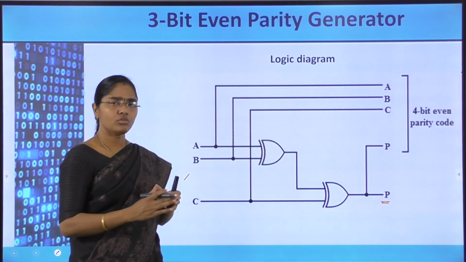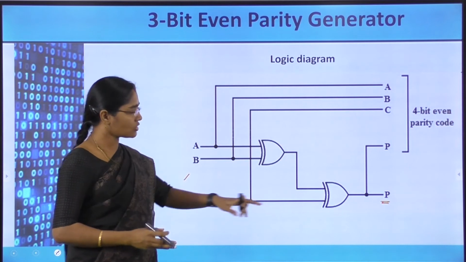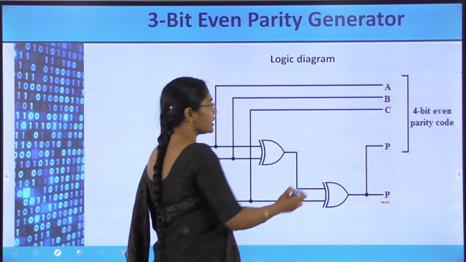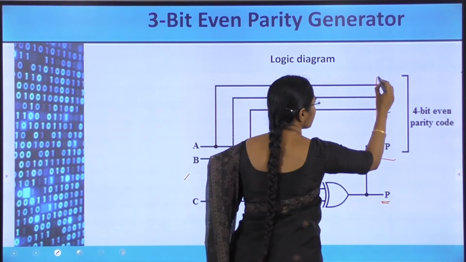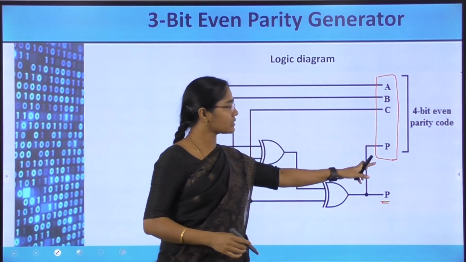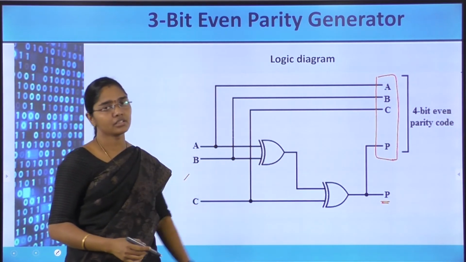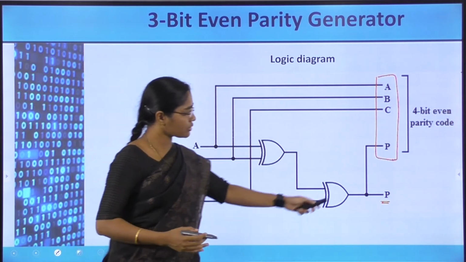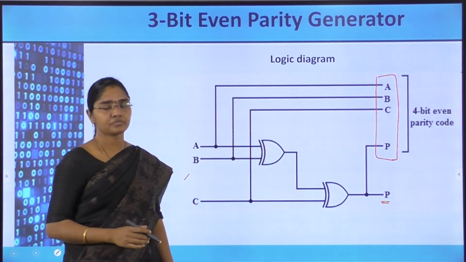Okay. So for the parity generator, the output is the parity bit, but for the transmission part we are sending ABC along with P. This is the transmitted data. Transmitted data is nothing but ABC along with an extra parity bit, that is represented here, but the actual parity generator will produce only the P. Okay.